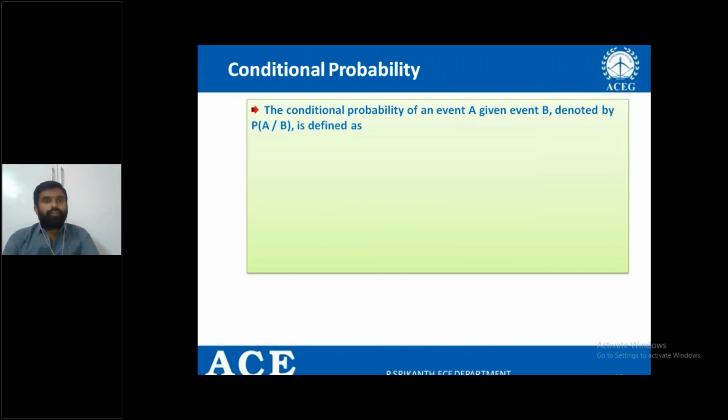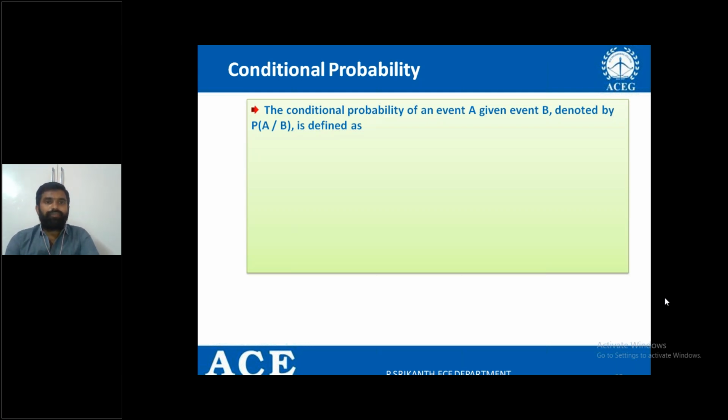Yeah, in the last session, we discussed the definition of probability, how to define probability in the conditional way, and the other way, that is using relative frequency.